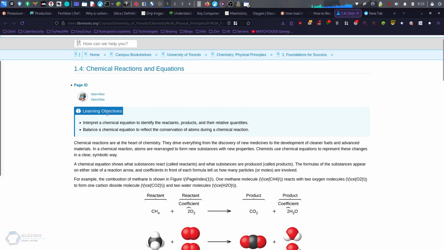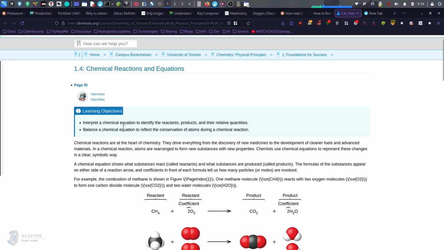Learning objectives: interpret a chemical equation, a chemical equation like that. Interpret a chemical equation to identify the reactants, products, and their relative quantities. Balance a chemical equation to reflect the conservation of atoms during a chemical reaction.